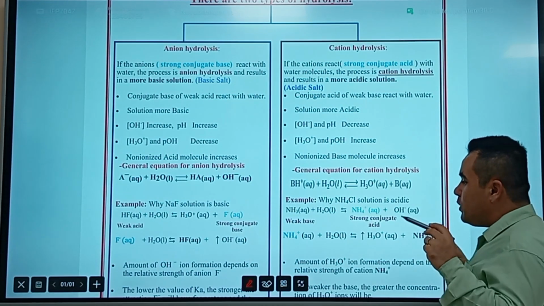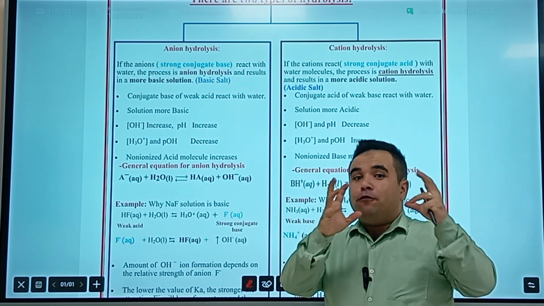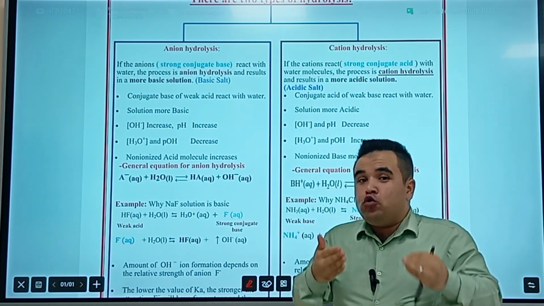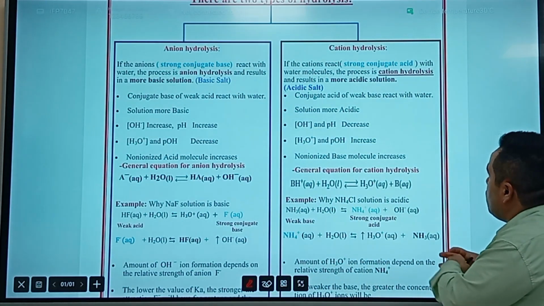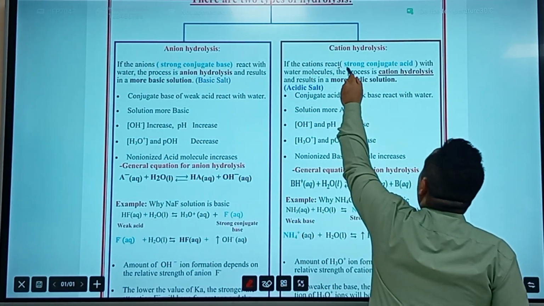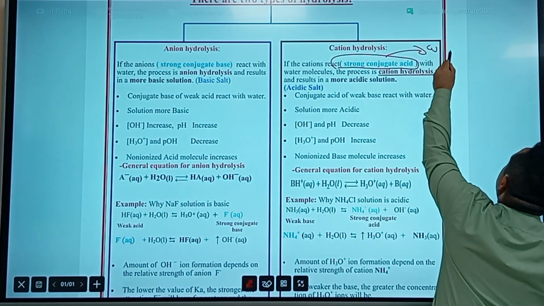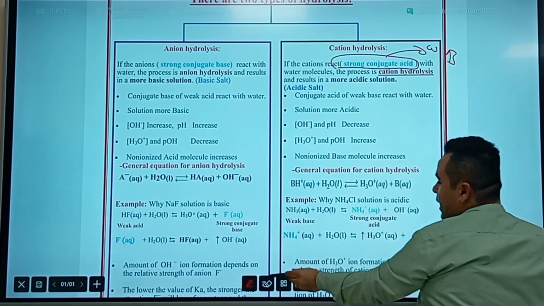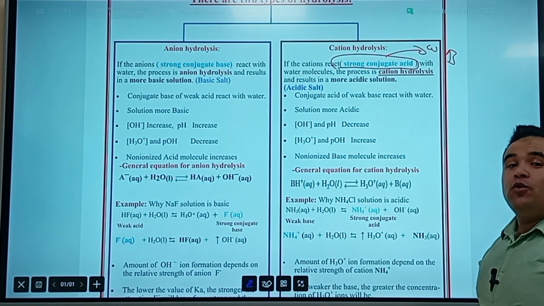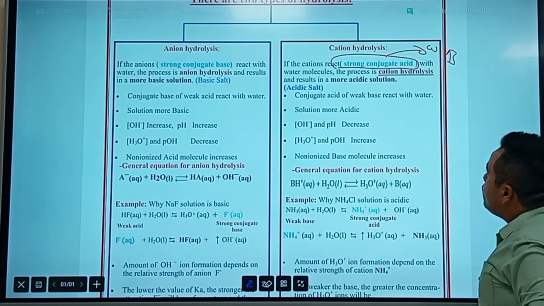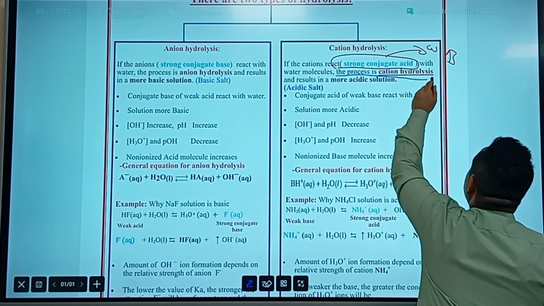Cation hydrolysis: the cation, which is a strong conjugate acid from a weak base, reacts with H2O. So in this case, a strong conjugate acid from what? From a weak base, reacts with H2O to increase hydronium. The process is called what?